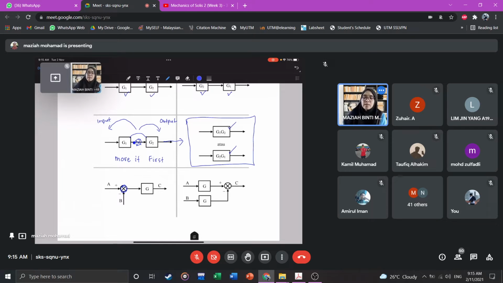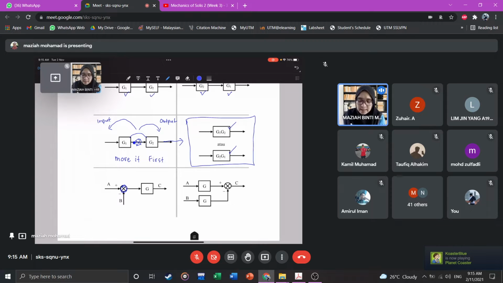So for a summation point and pickoff point, we can move the summation point either toward the output or toward the input. The transfer function will be different if we move toward the output, and if we move toward the input, it will also be different. First is the summation point here.